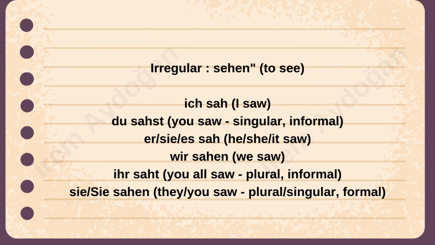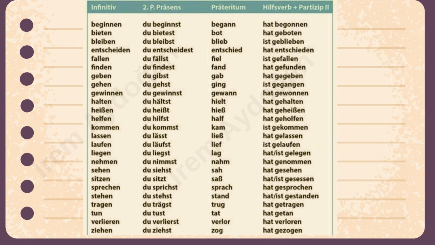And I have the list of irregular verbs here: present, Präteritum, and participle, I mean perfect, with haben or sein.